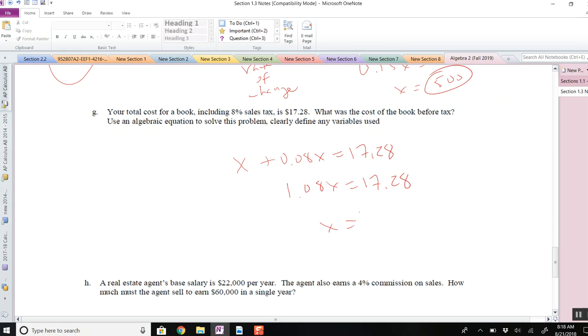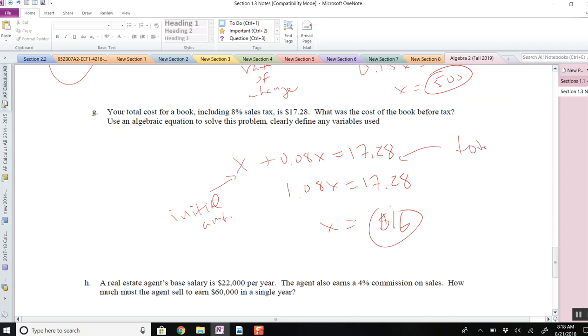I'm actually getting my cell phone out because I do not know that off the top of my head. Let's see here. My phone's acting really slow right now, probably because I've got all these updates going on. So $16 is the price of the book. So again, you don't know the cost of the book. So that's actually going to be the initial amount, if you think about it.